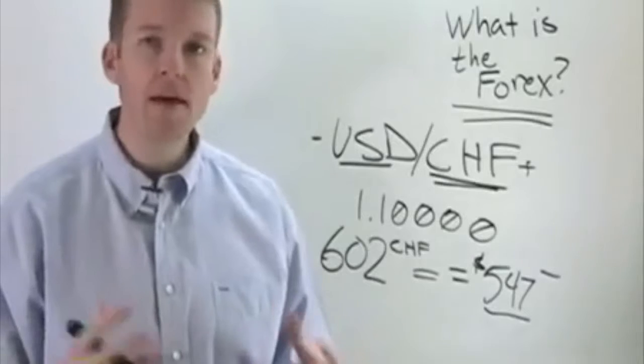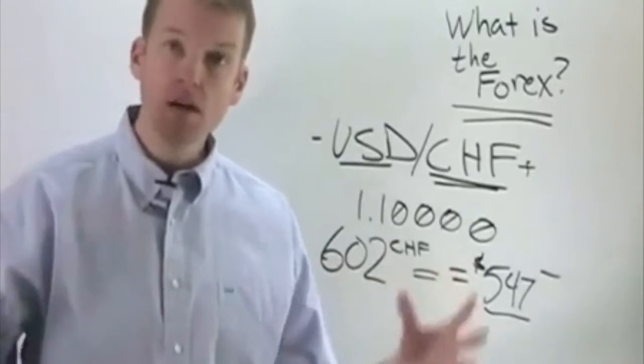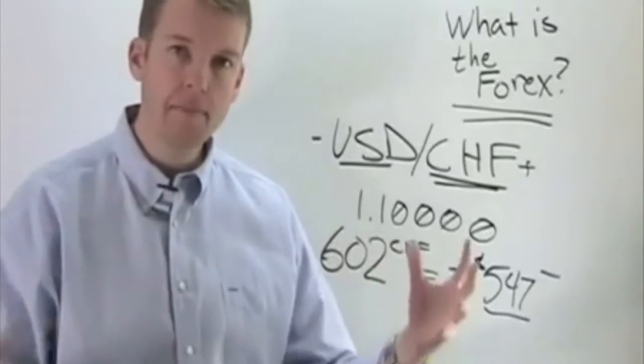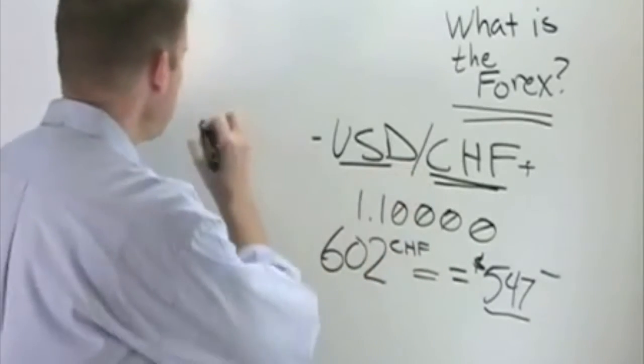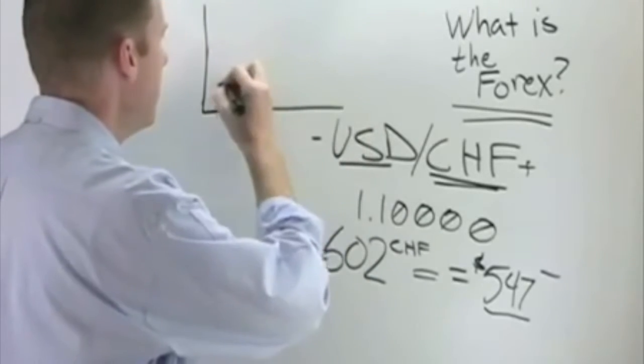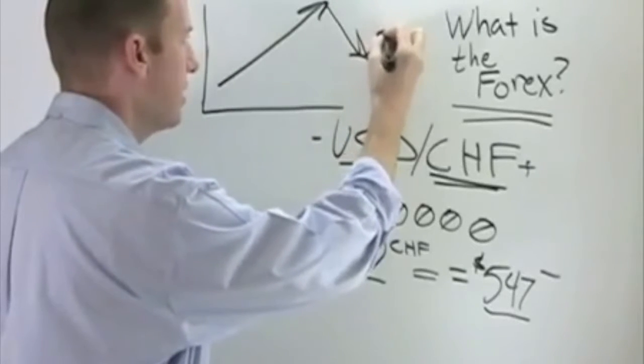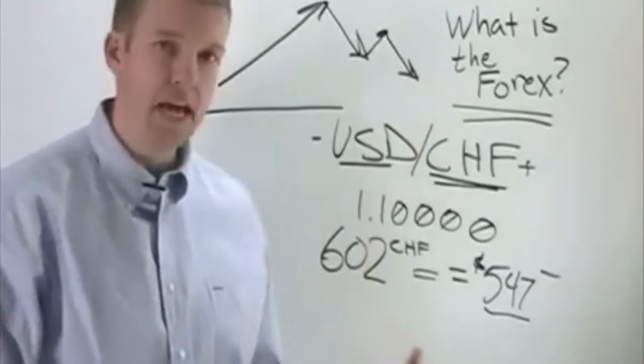Well, this is the same way that the foreign exchange works. The way that you'll see this charted, like any other capital market, is you'll see our chart here, with the X and Y axis, and you'll see trends that look like this, just like anything else you would see in any other capital market.